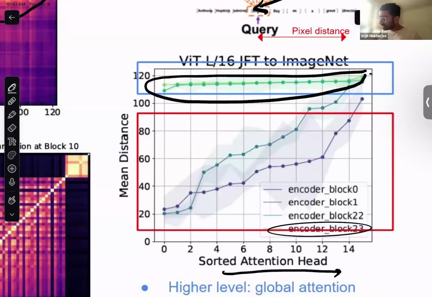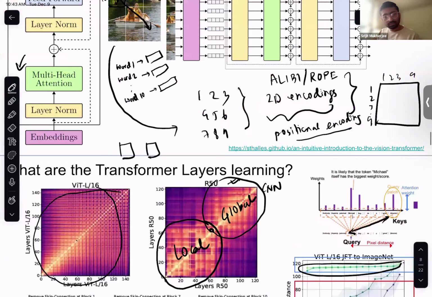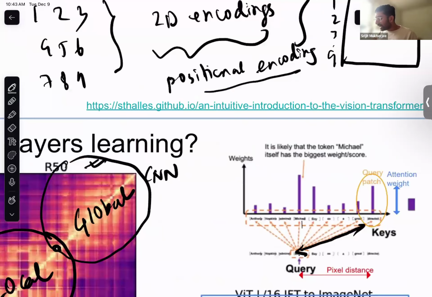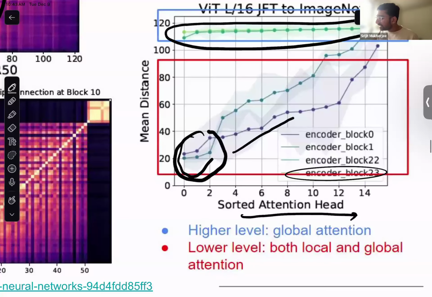But for lower layers, it initially increases. Understand this sorted self-attention, because there are multiple attention heads. At the initial attention heads, it's local, but as you increase the attention head, it becomes global. So it's local to global, and then local to global again, and after a certain time, it's just global.